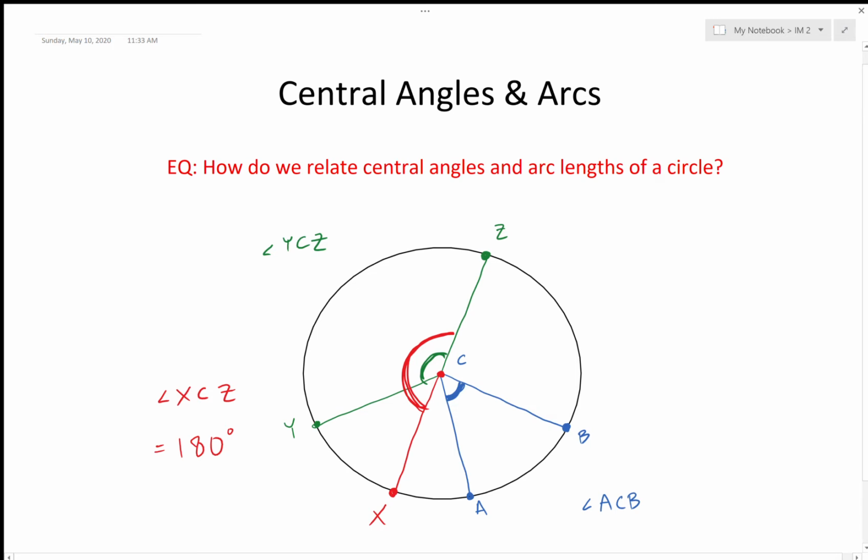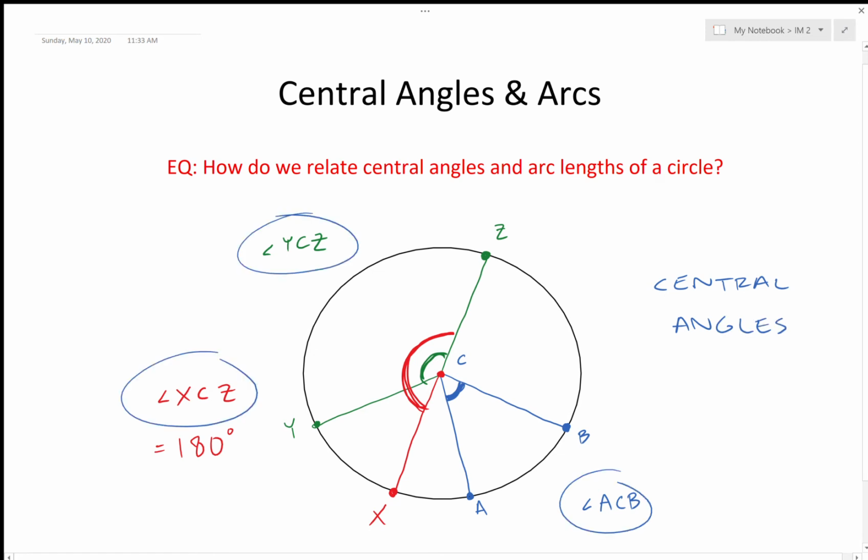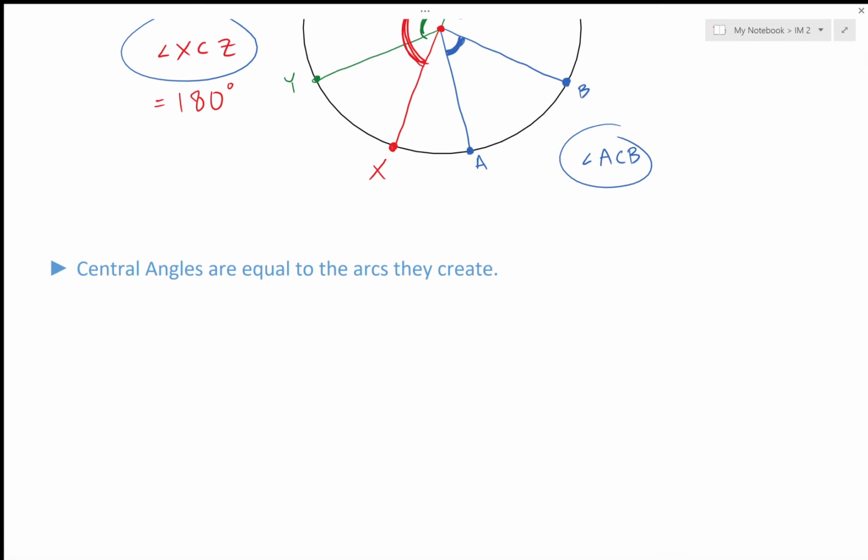But nonetheless, all of these are central angles because they go through the center of the circle, or they're connected to the center of the circle. We're just describing a couple of them. Now, in relationship to arcs, central angles are equal to the arcs they create.